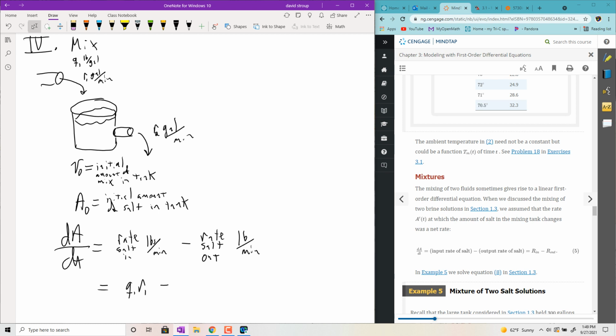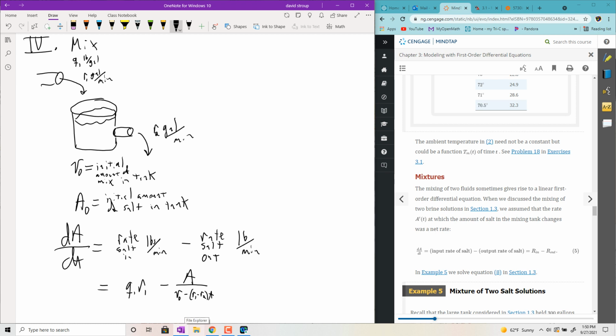The rate of salt out is kind of the same thing, except we don't know the amount of salt in there because it's constant. It could potentially always be changing. So it's going to be, we'll say A all over V sub 0 minus R1 minus R2 times t.